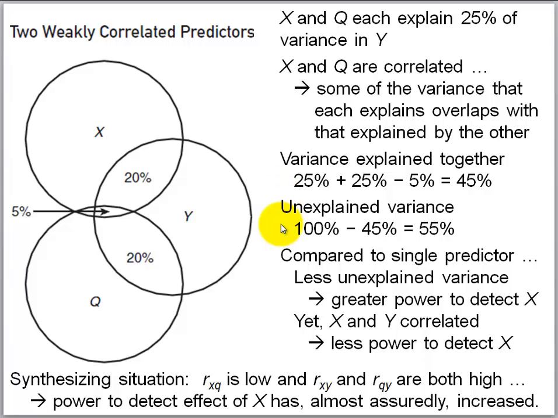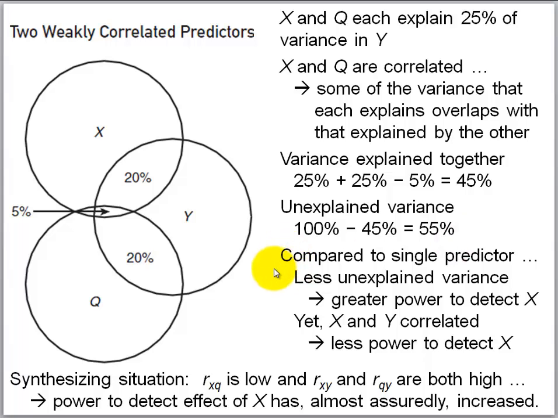The variance in Y that is not explained by X and Q. We need to subtract the 45% of the variance that is explained from 100%, and you see that 55% of the variance in Y is unexplained. I do note that there was a typo, and that was fixed here, so that this now is indeed correct.